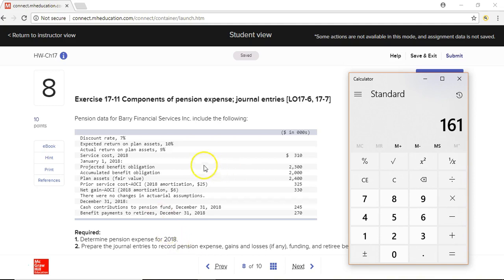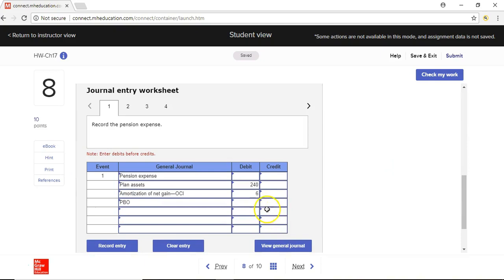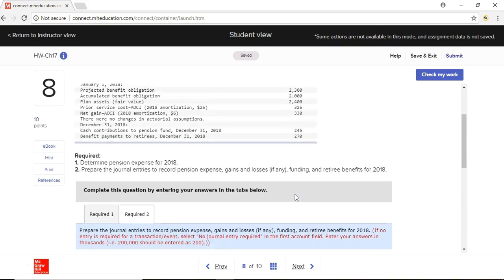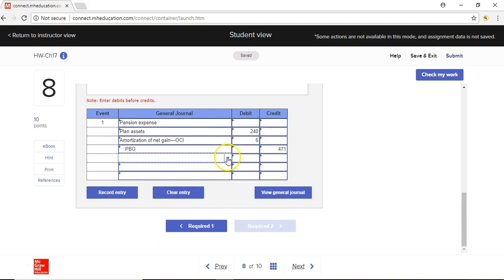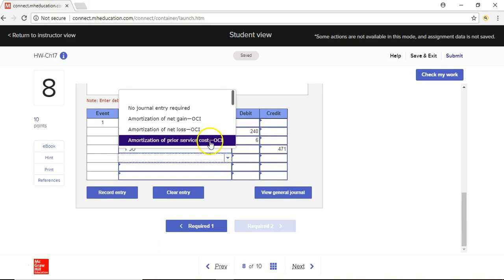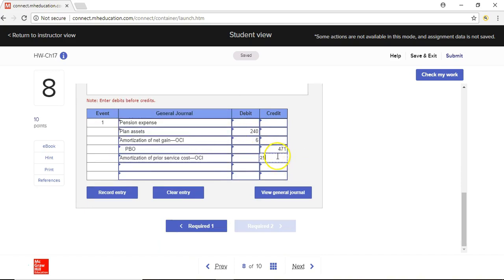And then we have service cost of 310. So 471 increases PBO. And then amortized prior service cost, $25 million. And the last plug-in will be $250 million.